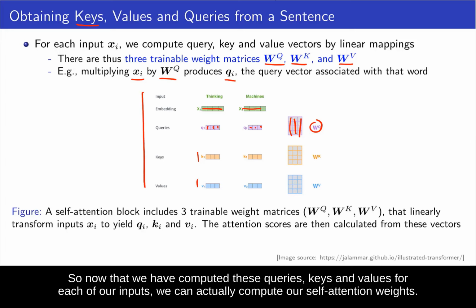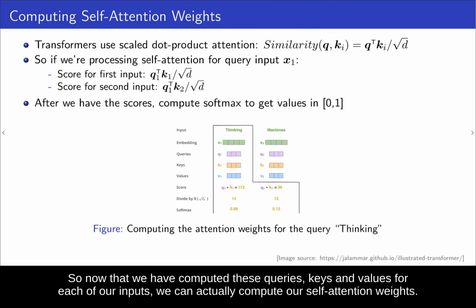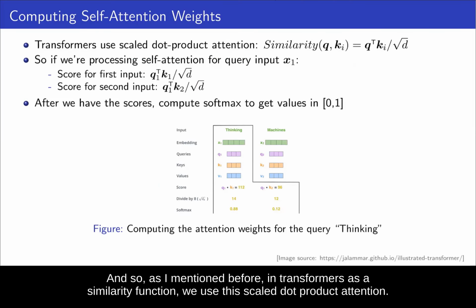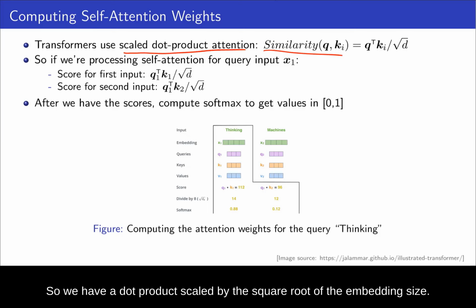So now that we have computed these queries, keys, and values for each of our inputs, we can actually compute our self-attention weights. As I mentioned before, in transformers as a similarity function, we use this scaled dot product attention. So we have a dot product scaled by the square root of the embedding size.